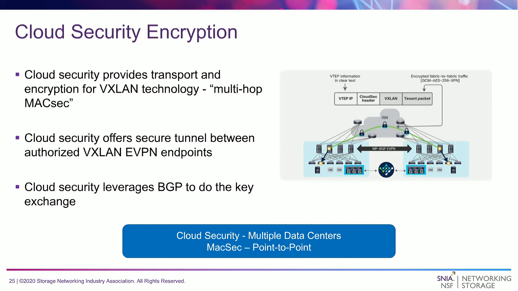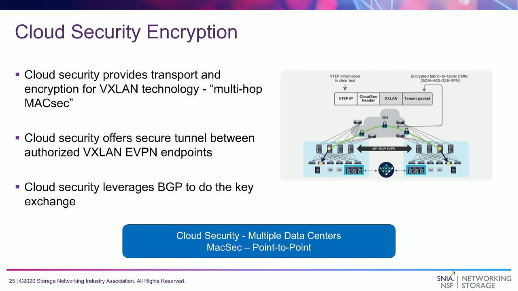This becomes pretty important because the pre-shared keys are now derived for key-specific traffic with integrity validation. All this comes automated, in the sense that we can have an SDN controller, as Ariel was talking about, and CloudSec gets deployed via BGP to exchange the key.